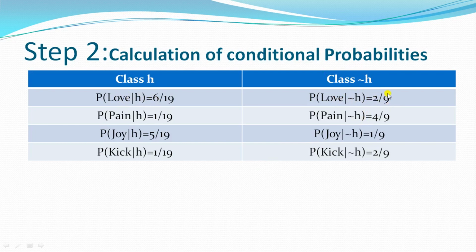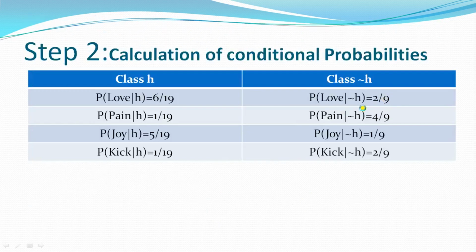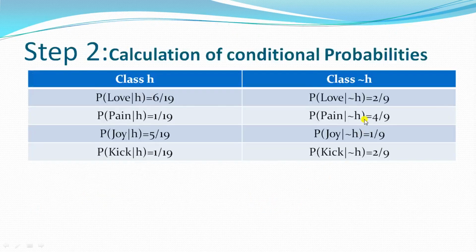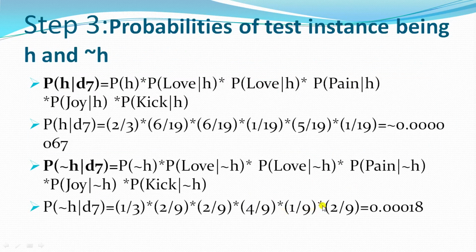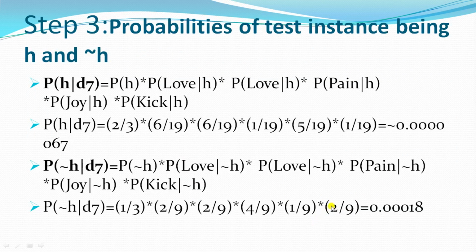It is 2 by 9 into 2 by 9, into pain it is 4 by 9. Then joy it is 1 by 9. Then kick will be 2 by 9, right? So after substitution and calculating, I will end up somewhere with value like 0.0018.